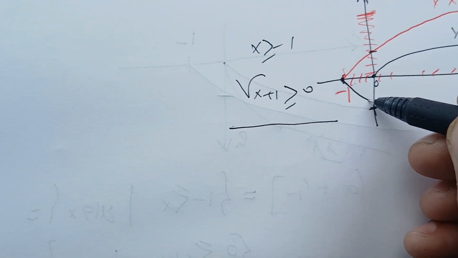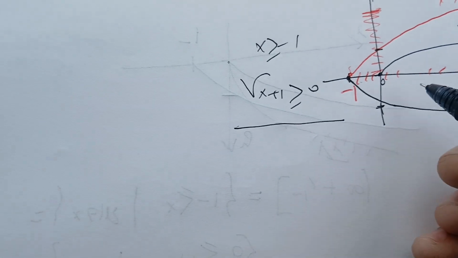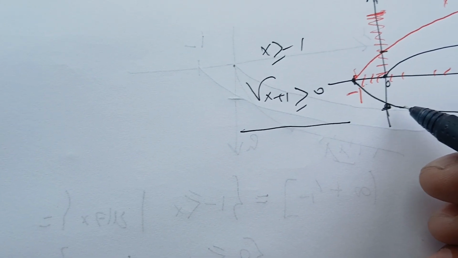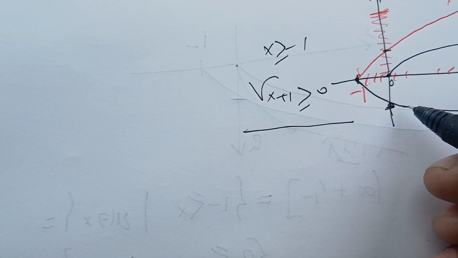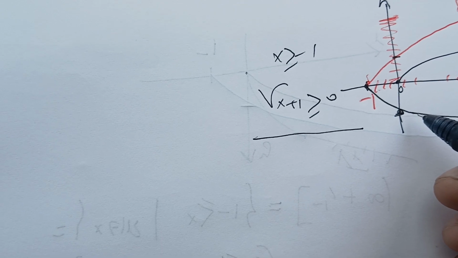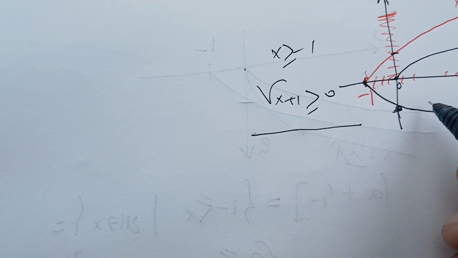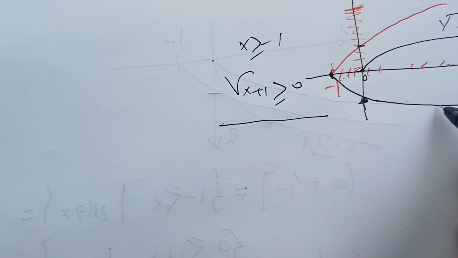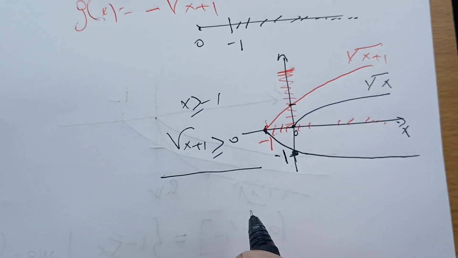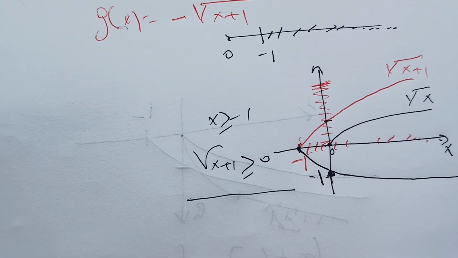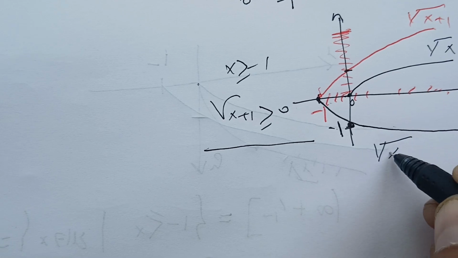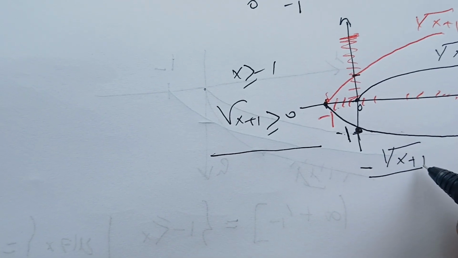So it's this one here. I'm just trying to make this minus 1 clear. This is the graphical representation of minus square root of x plus 1.